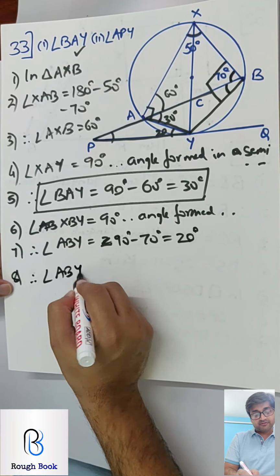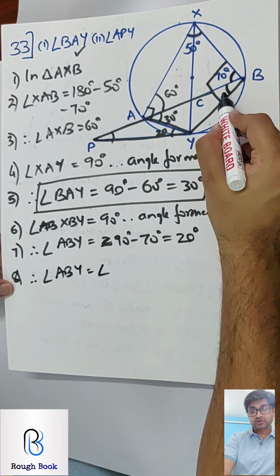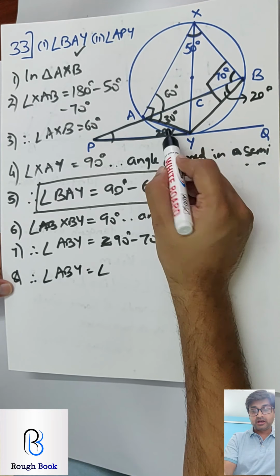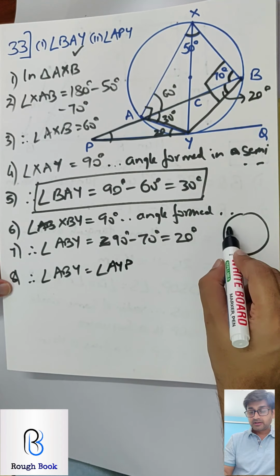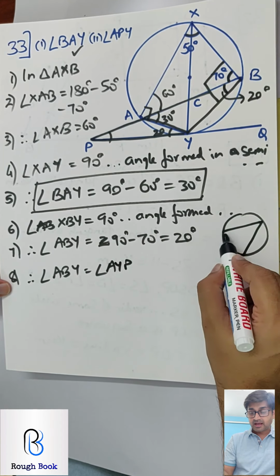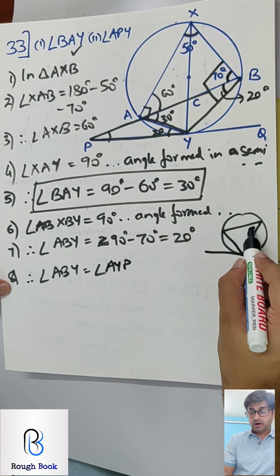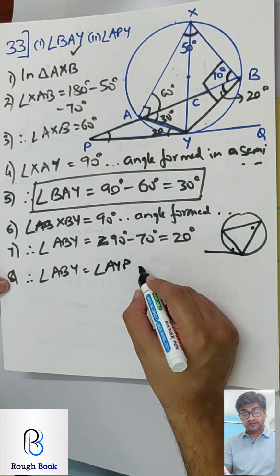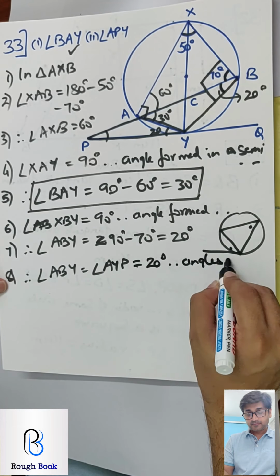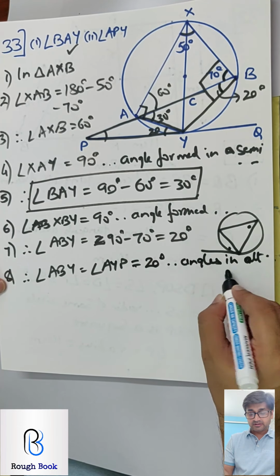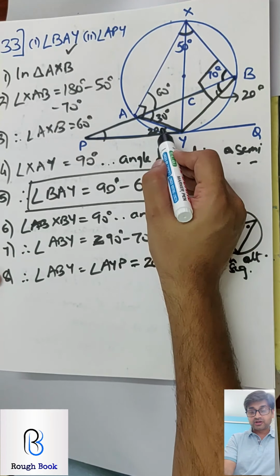Therefore angle ABY, this one which is 20, will be equal to this one, AYP. If you still have not followed, look, this is ABY and this is AYP. Mountain and valley, angles in alternate segments, is equal to 20. So we managed to get this 20.